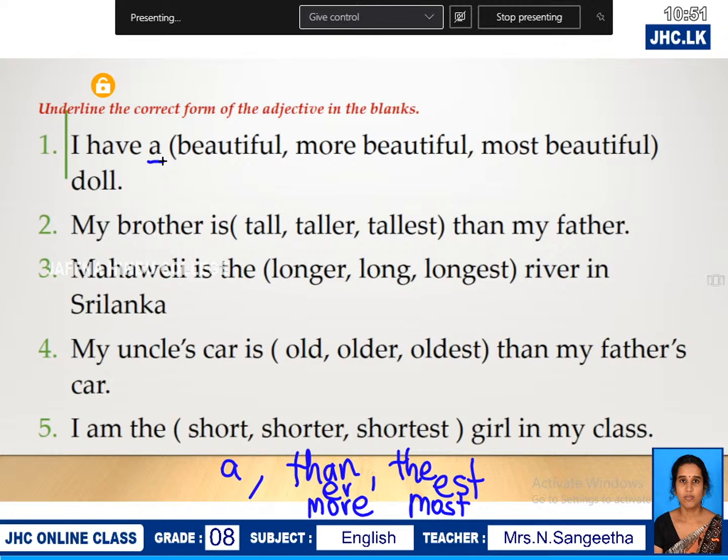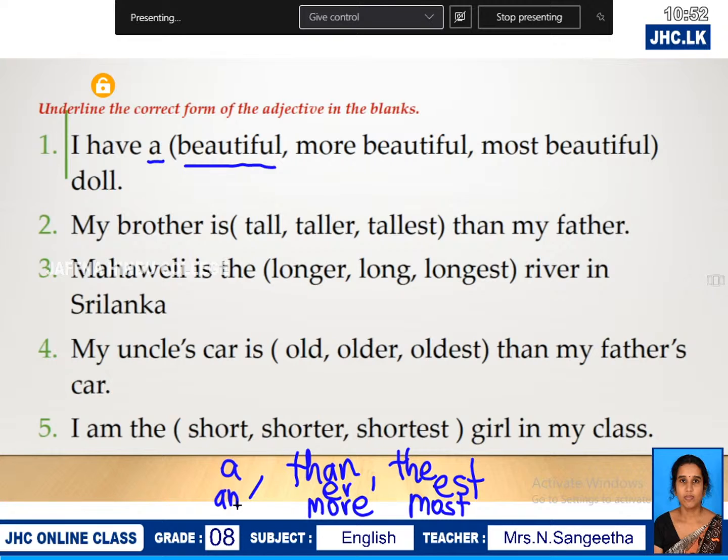So I have a adjective will come: beautiful doll. If you use only a, it is an adjective. If you use than, it is comparative. If you use the, it is the superlative.